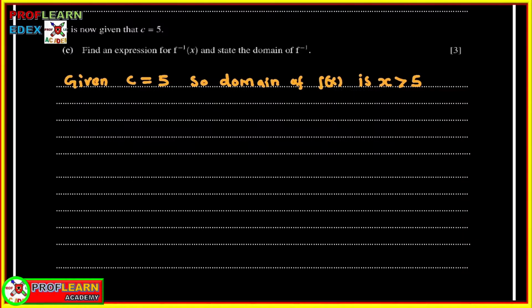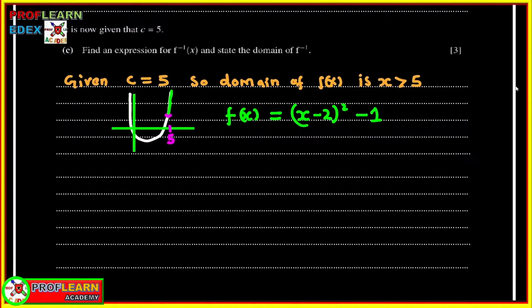Which means in order to get the range for f of x, we are going to substitute whatever we are given as the value of x. Now this is the 5 that we are being told. So can we get what the range of f of x is?